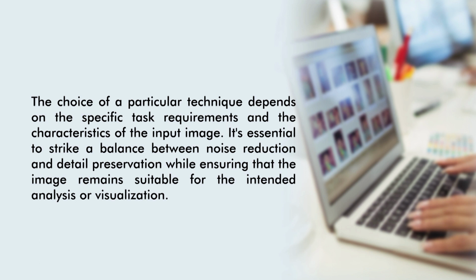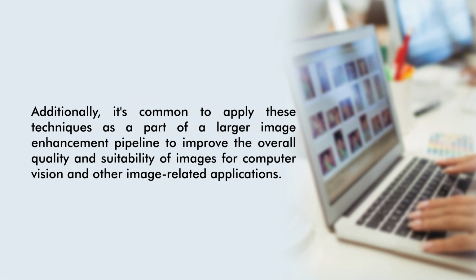So, it is essential to strike a balance between noise reduction and detail preservation while ensuring that the image remains suitable for the intended analysis or visualization. Additionally, it is common to apply these techniques as a part of a larger image enhancement pipeline to improve the overall quality and suitability of images for computer vision and other image related applications.